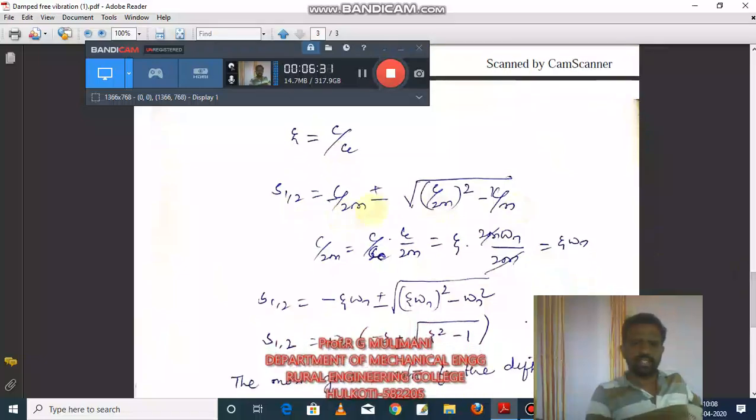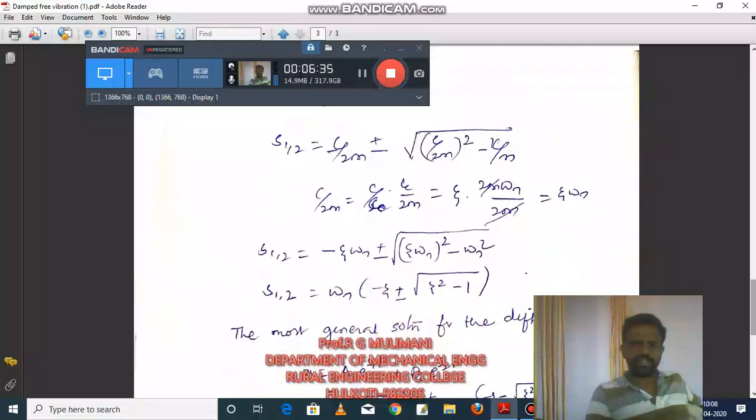Okay, see here, the same equation is taken here, the same roots. C by 2m is written in terms of zeta. C by 2m can also be defined as c by cc into cc by 2m. C by cc is nothing but the damping ratio, zeta. This cc gets cancelled, so again it is c by 2m. Cc is equal to 2m omega n.